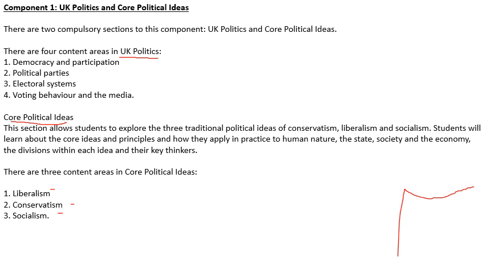So behind the Conservative Party today, there are ideas which are coherent, in the same way for the Lib Dems, the same way for the Labour Party. Understanding those ideas is really important to understanding how political parties behave today. So you can't really understand political parties without understanding the core political ideas as they're referenced here.